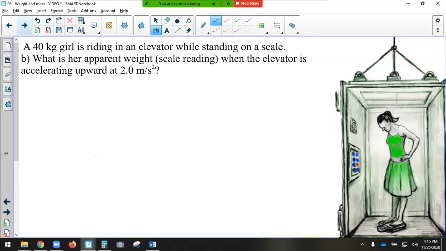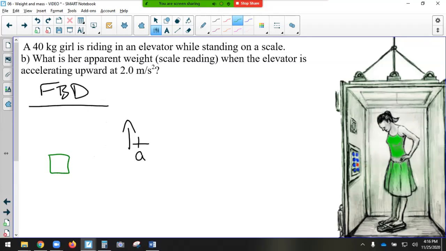So for part B, what is her apparent weight, the scale reading, when the elevator is accelerating upwards. I will draw a new free body diagram just to point out a difference. It says that we are accelerating upwards, so that means we have an upward acceleration, so I'm going to make upwards positive. Our free body diagram is only slightly different.